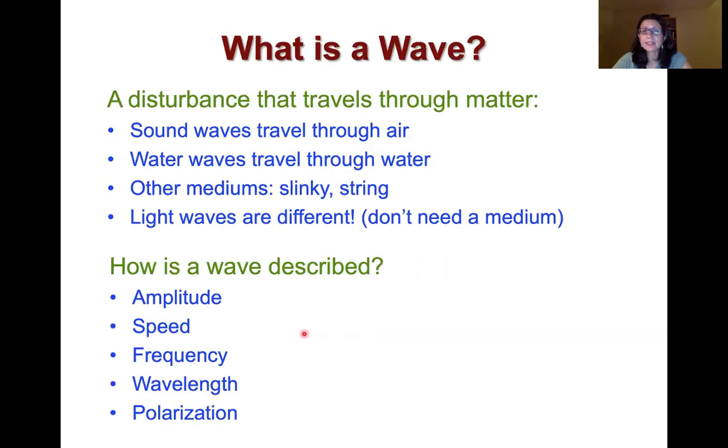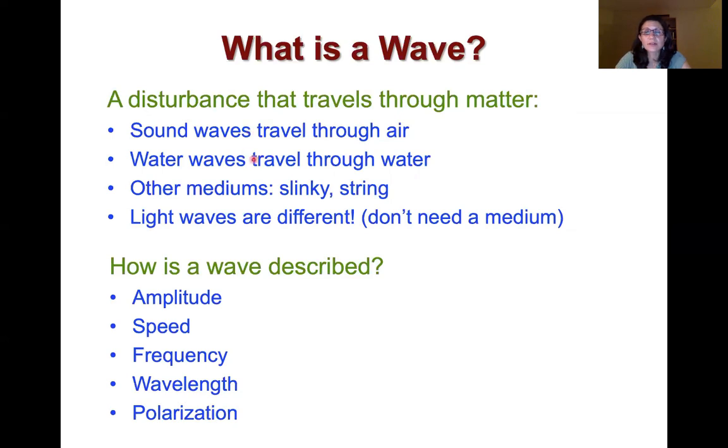So what exactly is a wave? A wave is not necessarily something physical, rather it's a disturbance or energy that propagates through matter. So what is that matter? For example, if we're talking about sound waves, they travel through air.